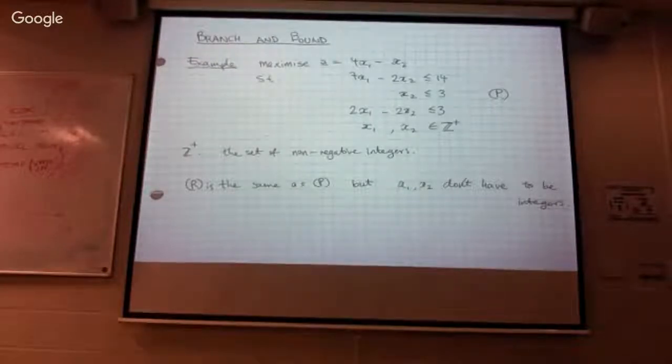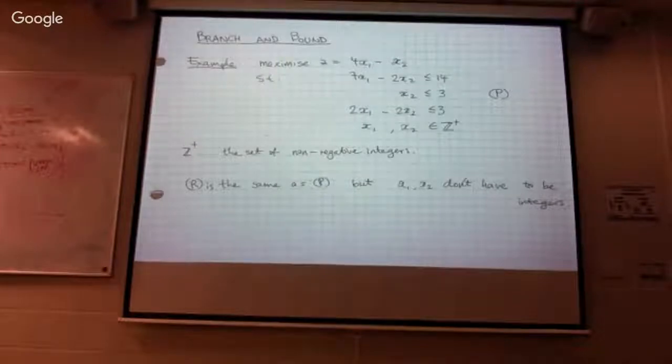Do you know how to solve R? Use simplex, for example. Yes.